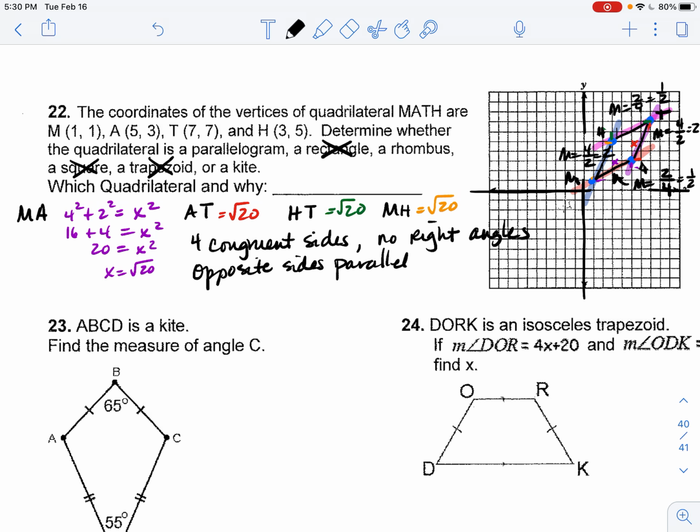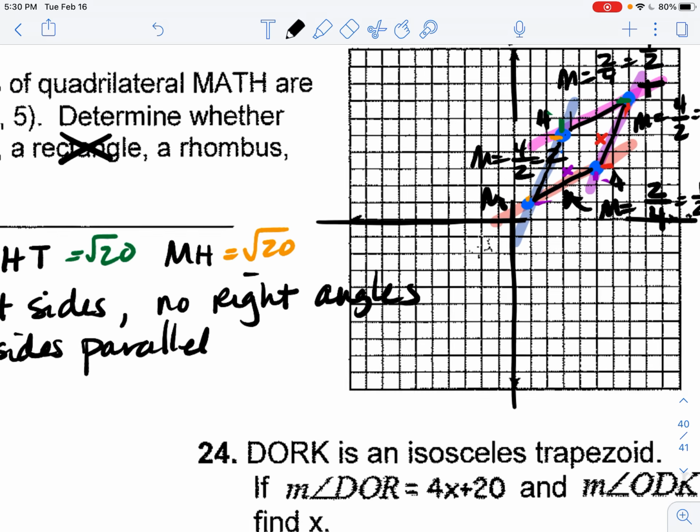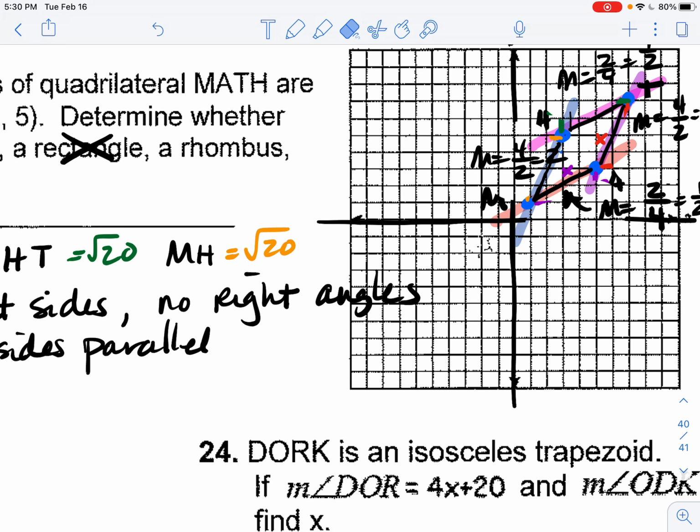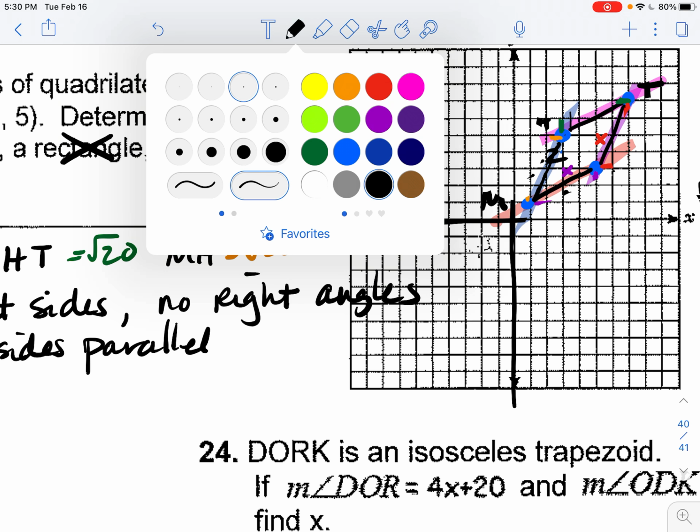Let's see what else. We need to check the diagonals. All right, so next thing we need to do is, do the diagonals bisect, or do they intersect at a right angle? Okay, we got a lot of things to check here. I'm going to kind of clean this up.